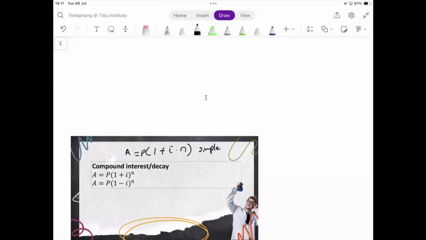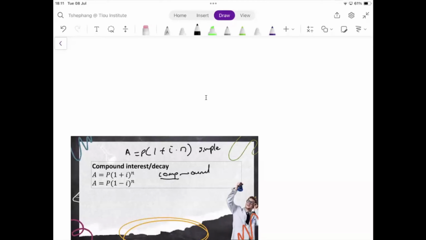The compound one looks a little bit complicated because there is a power now, an exponent there. Because it looks rather complicated, it must be compound. That's how you can differentiate between the two. I always used to make the mistake of using simple interest where I had to use compound interest. Now you know which one to use.